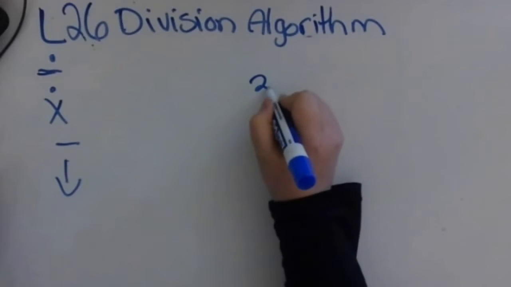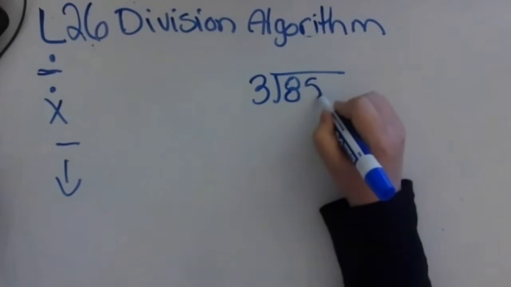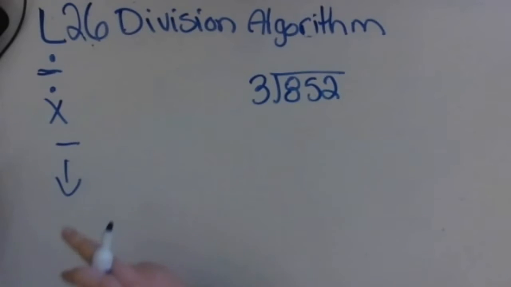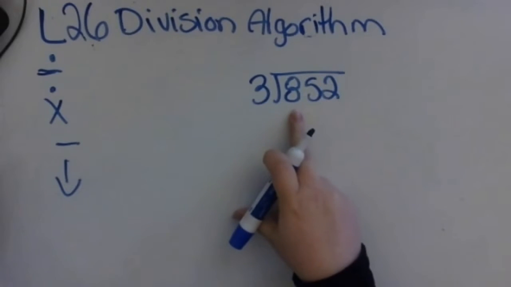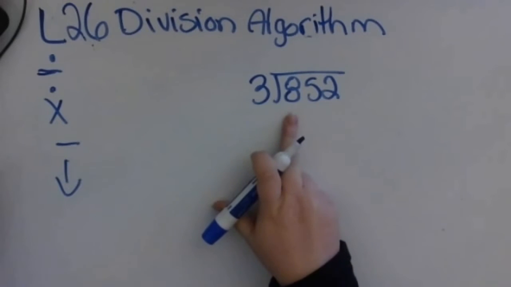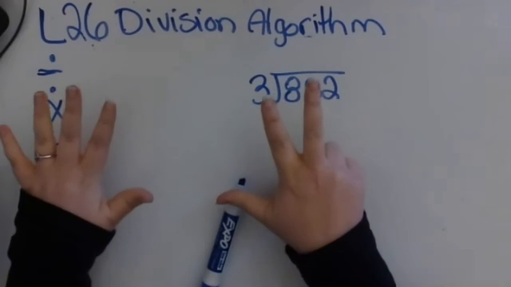So let's divide 852 by 3. So divide, multiply, subtract, bring down. Your multiplication chart will work very well for this. So 3 into 8. This is the divide. How many times can I put 3 into 8? Now if I needed to do this as a workout, I could take 8 fingers and see how many 3s I can make.